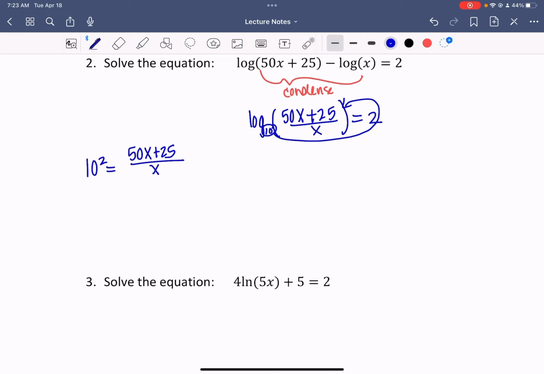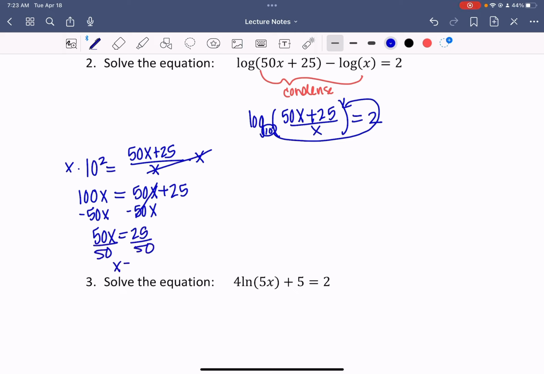Not really loving that division, so I'm going to multiply both sides by x to cancel it out. 10 squared is 100 times x, so I get 100x equal to 50x plus 25. I'm going to get all my x's together, so I'm going to subtract the 50x. Gives me 50x equal to 25, and then divide. So x is equal to 1/2.